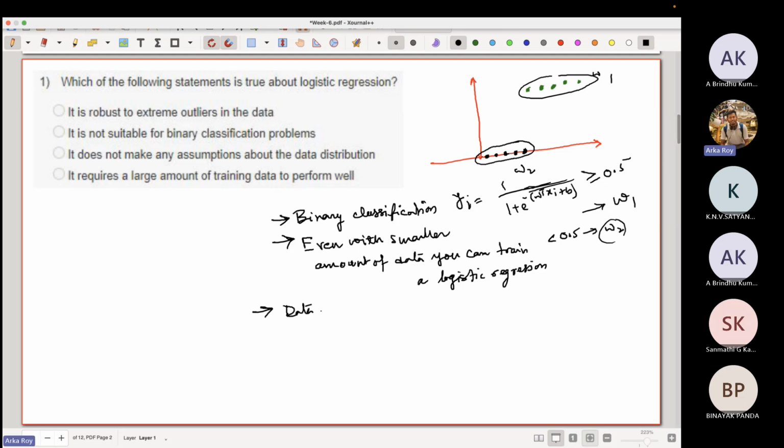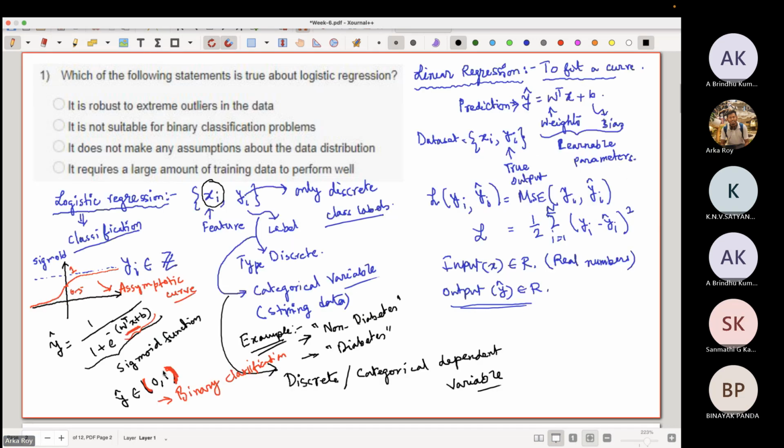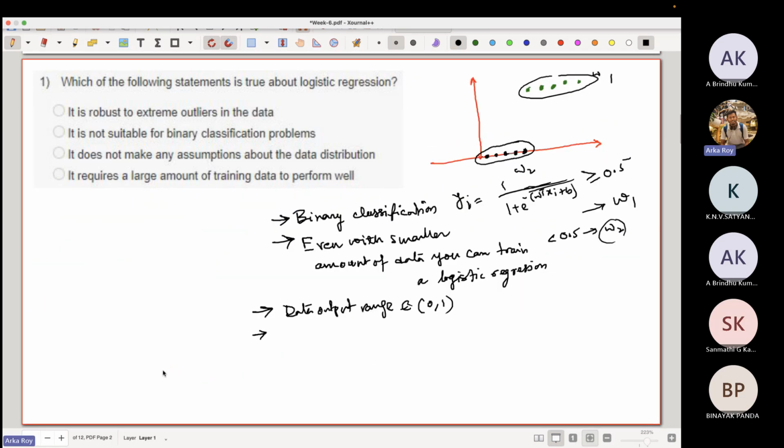The data output range is in between 0 and 1, from the last slide, what we have seen. And the data output is in the form of a discrete, categorical, dependent variable. Okay.